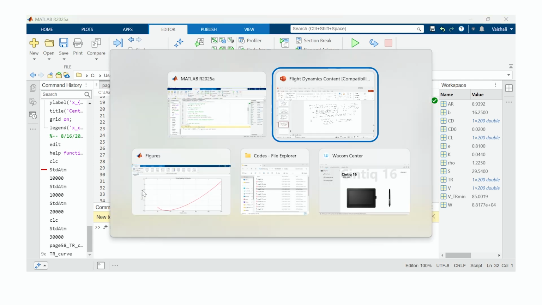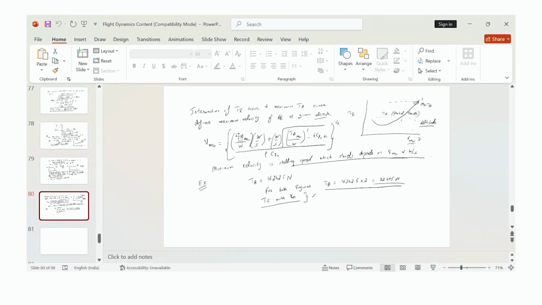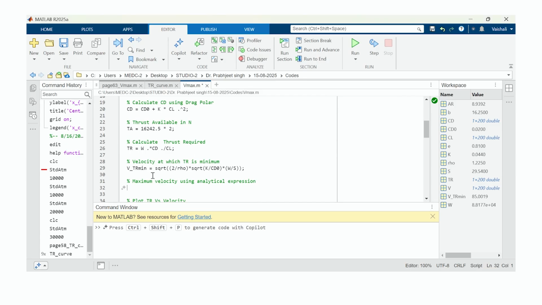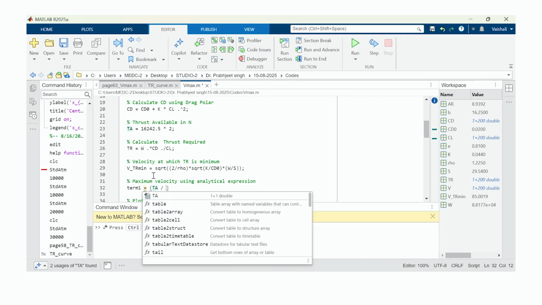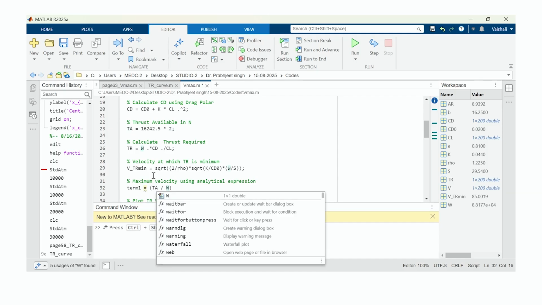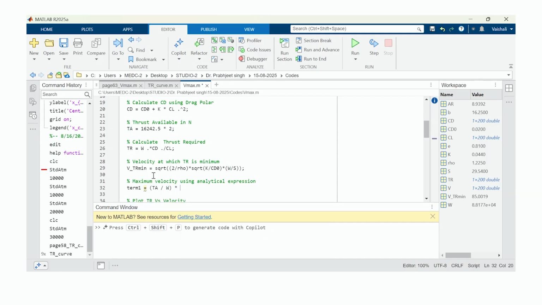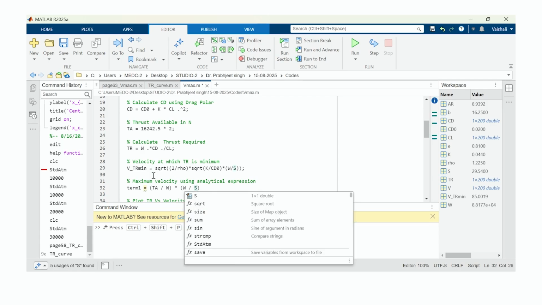So let me break this into two: let me write this as term 1 and this as term 2, with the whole thing divided by rho CD naught. Term 1 is TA by W into W by S.